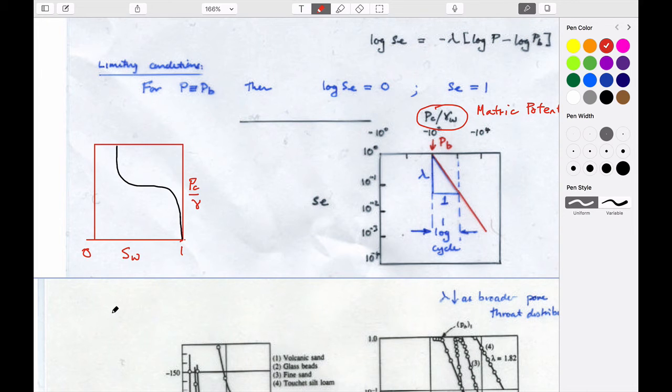And you might remember that what we had done before was we took this cutoff here and labeled it as the irreducible saturation of water. By definition, this is the maximum amount of water we can get out of it. We're left with this saturation of water even after we've got up to a very high negative pressure, and define this particular value.